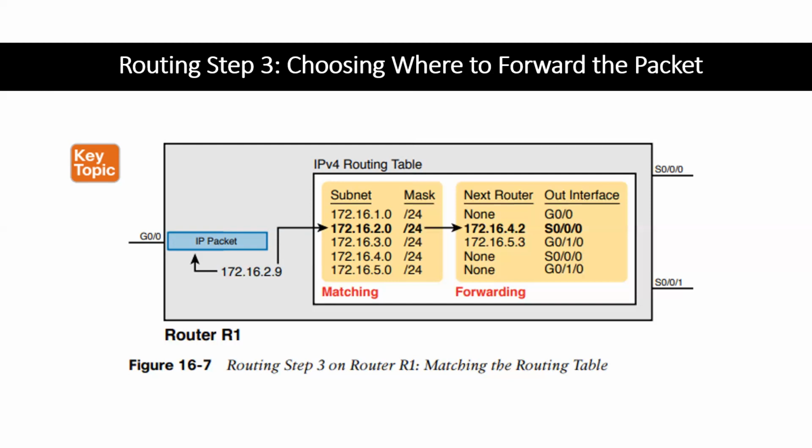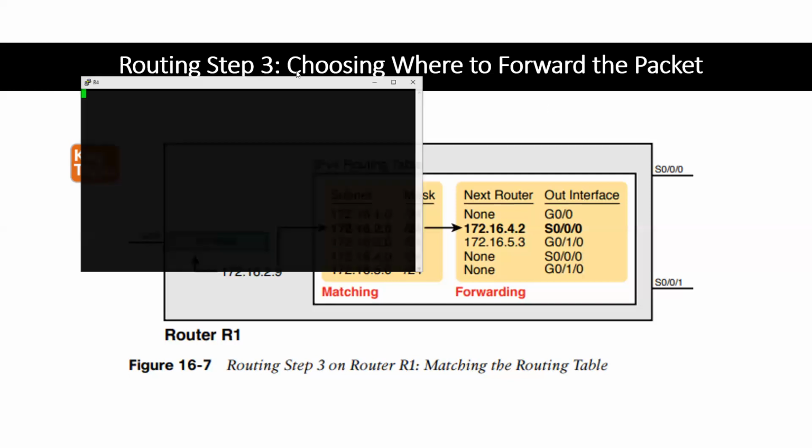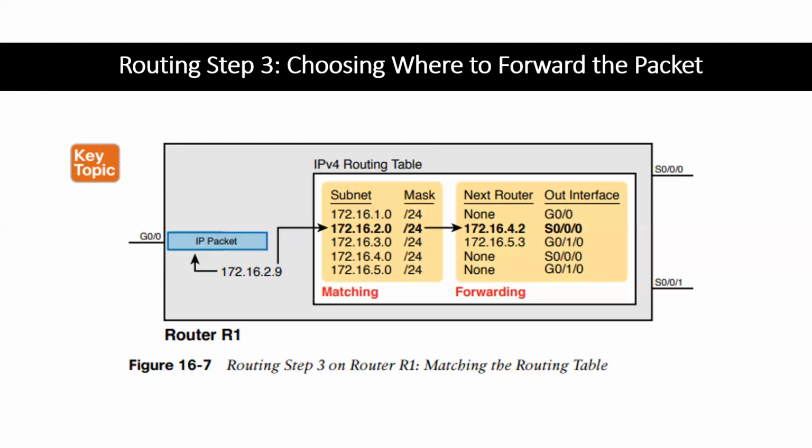And then when you get there, that routing table should have another route that would lead you closer to that subnet, which will be 172.16.2.0.